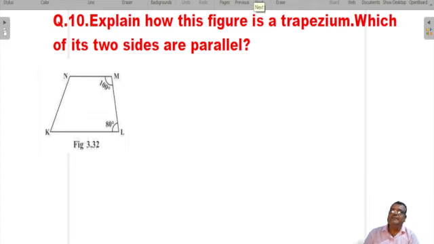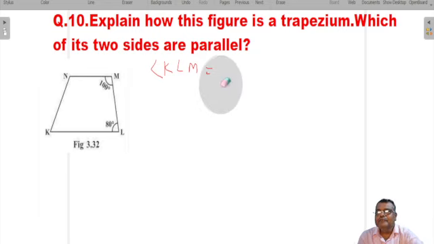Explain how this figure is a trapezium. Which of its two sides are parallel? In this, which two sides will be parallel? So angle KLM plus angle NML, this angle plus this angle.